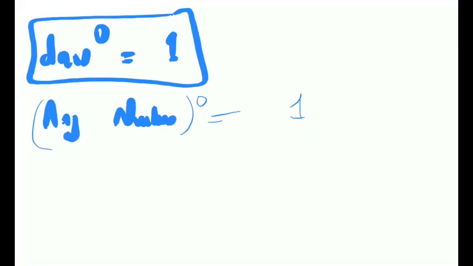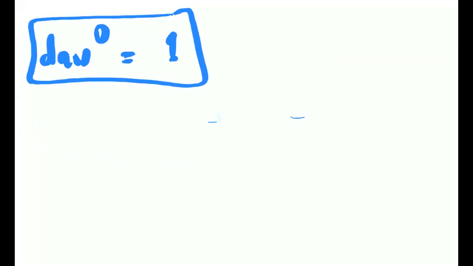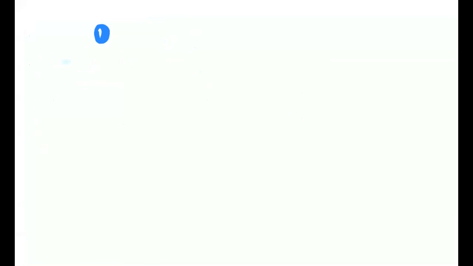We can actually make a proof for that if you want. Let me make it for you quickly. Okay, so a power m divided by a power n is equal to a power m minus n, right?